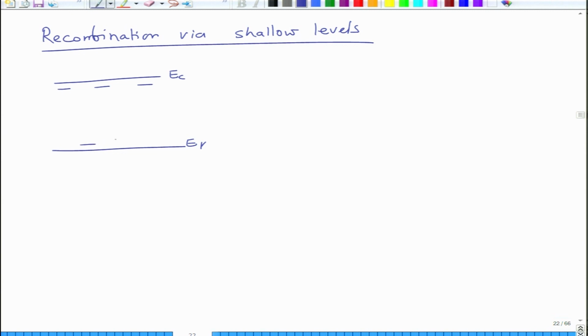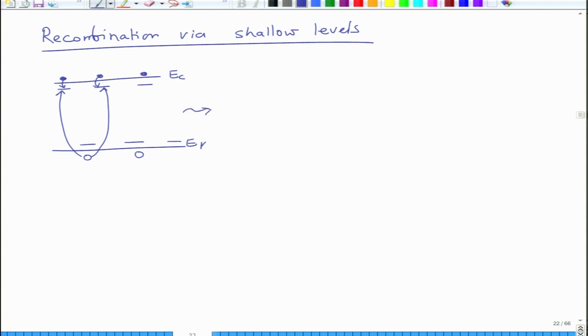These are shallow levels. Shallow means they are closer to the conduction and valence band edge. So you have electrons sitting here, you have holes sitting there. What might happen is that you have the electron coming here and the hole going there. So it happens via shallow levels.